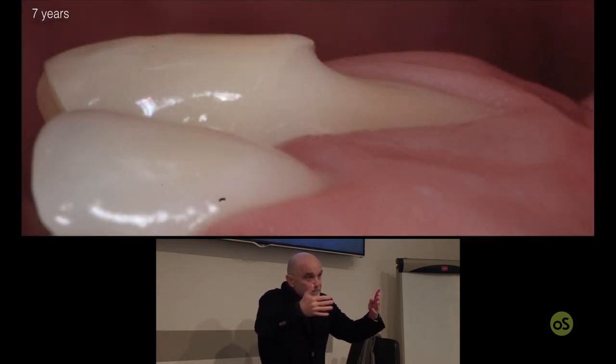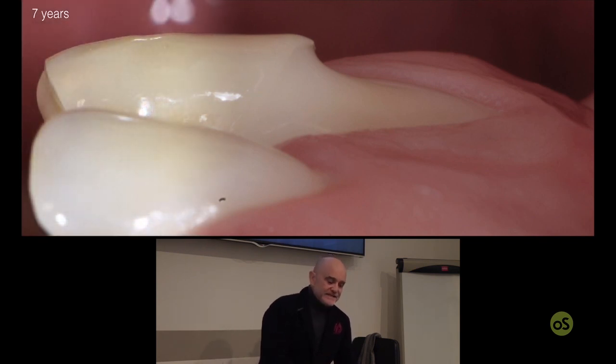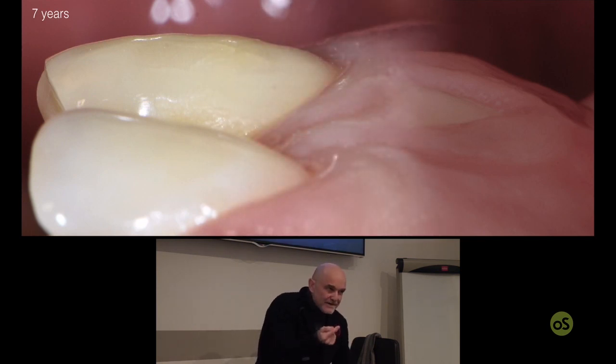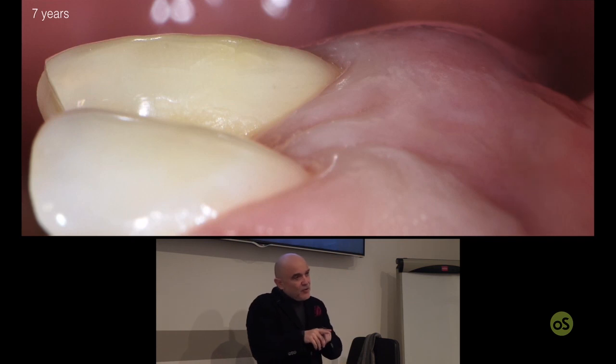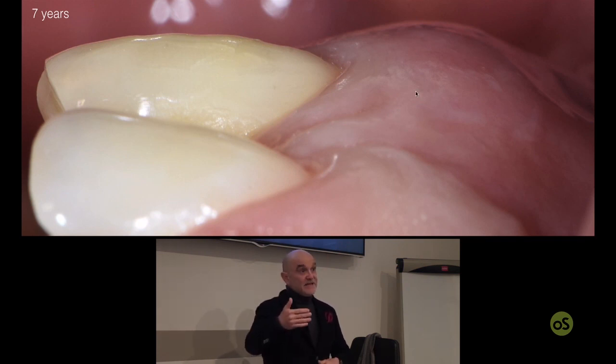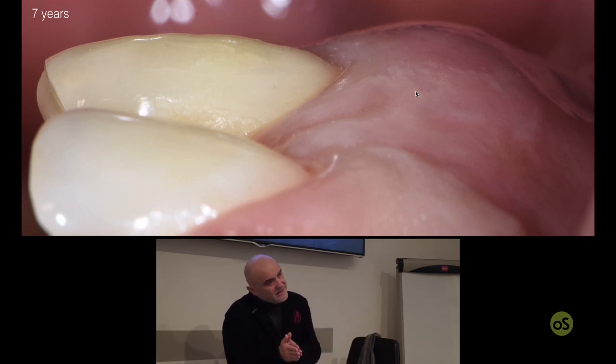With time, flap and graft integrate to each other and give an increase in the soft tissue thickness, which is much more than the calculation of graft plus flap thickness at the time of the surgery. So the increase in the thickness you have after years is much more with respect to the thickness you have at the time of the surgery if you add the thickness of the graft to the thickness of the flap.